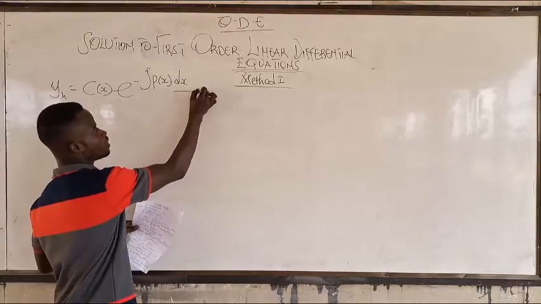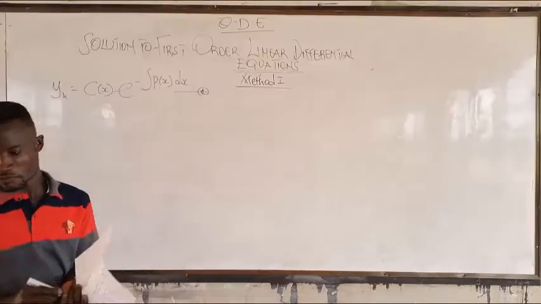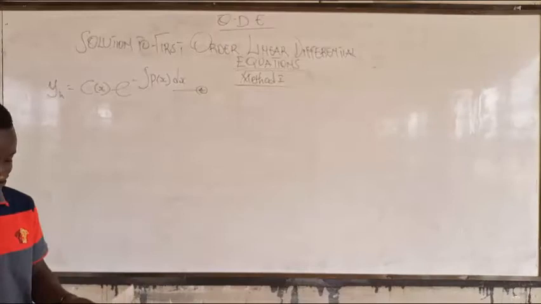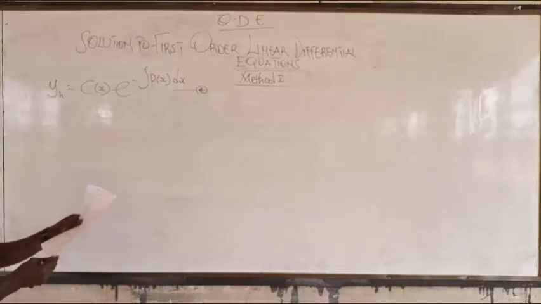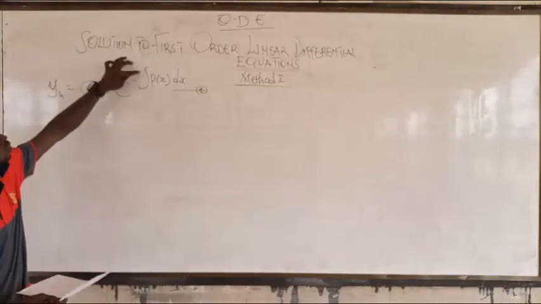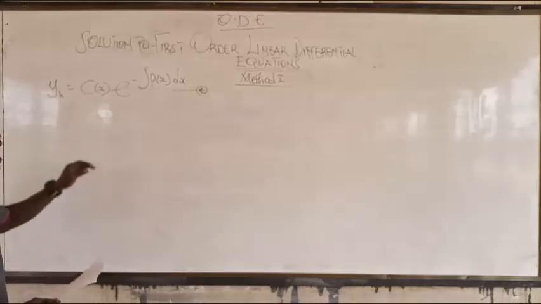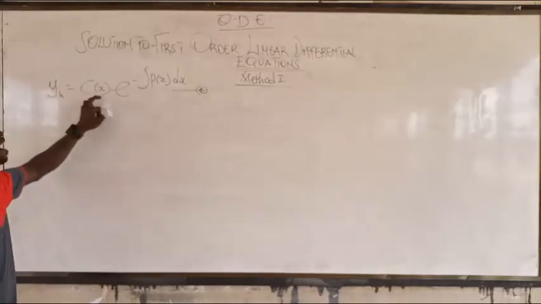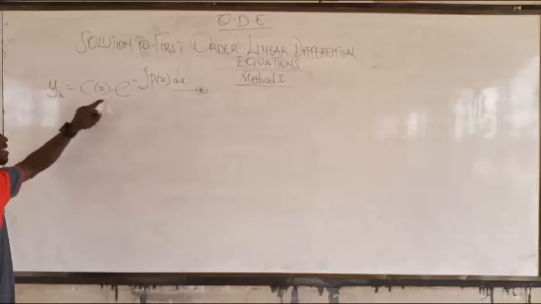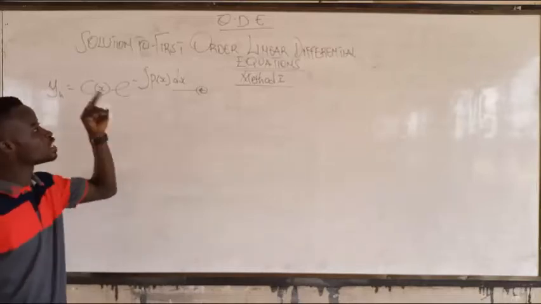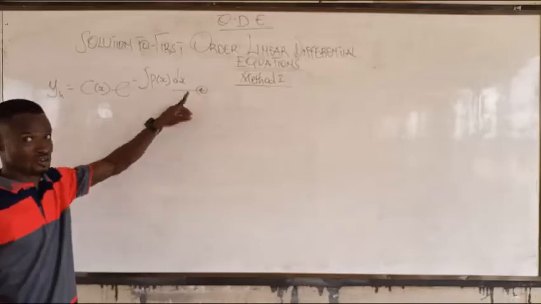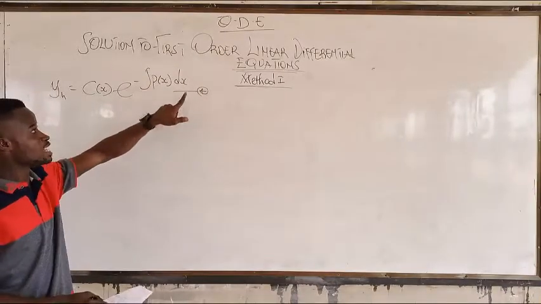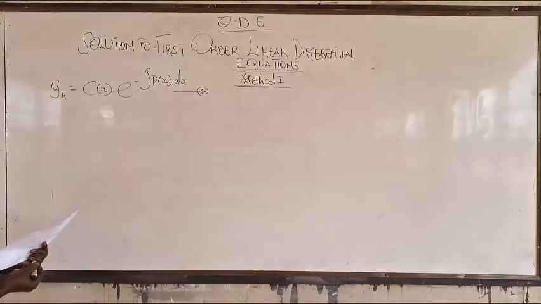And we name that equation 4. Alright. So, our only problem is to find this C of x. So for us to go and find that, let's pick it from equation 4. Rather, not equation 1. Let's pick it from equation 4.